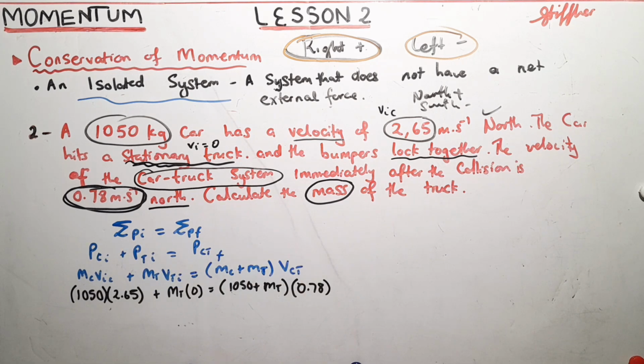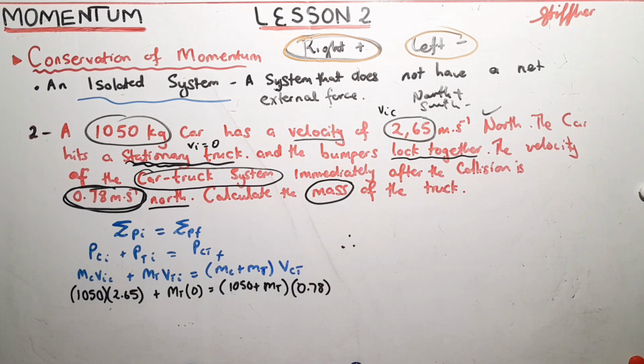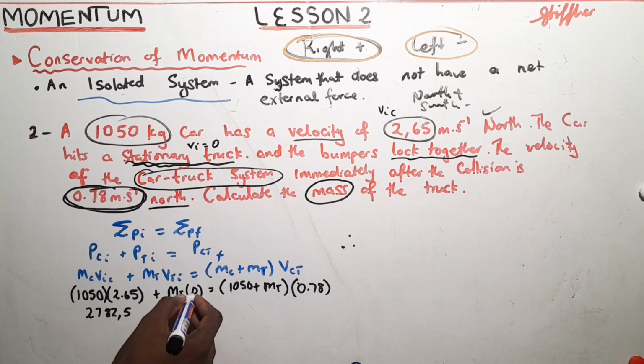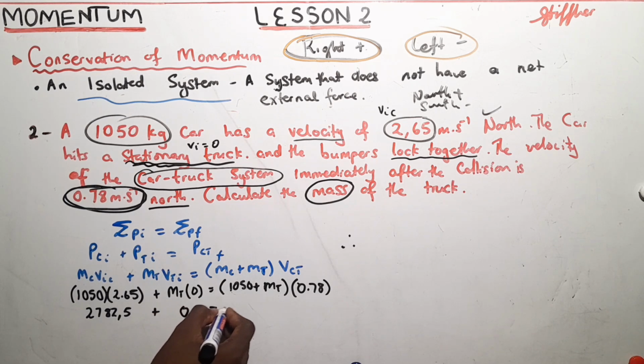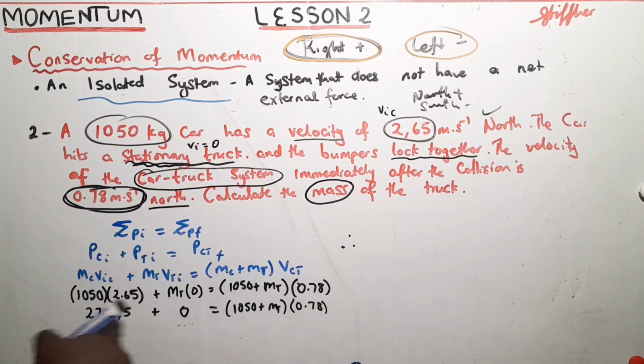This multiplied by that gives us 2782.5, plus the mass of the truck multiplied by 0, which just gives 0, equals 1050 plus the mass of the truck, multiplied by 0.78. Since these are multiplying each other, we can divide both sides by 0.78.